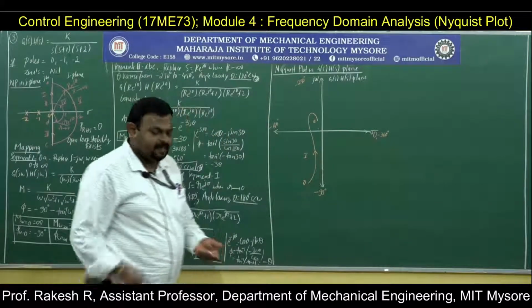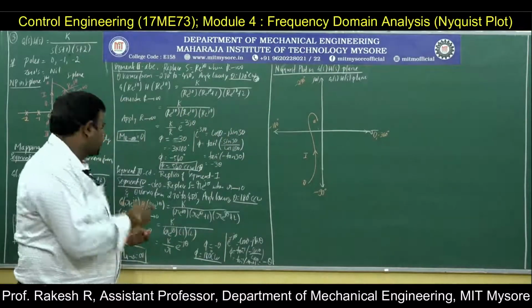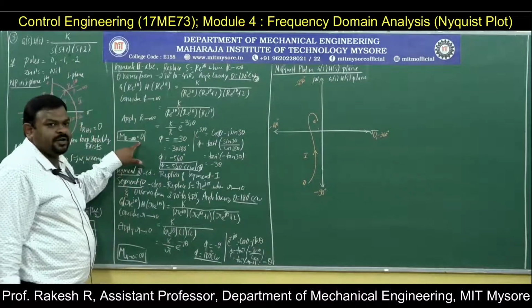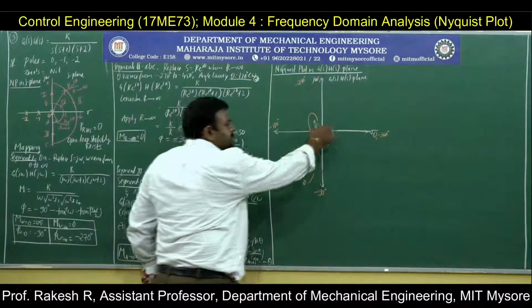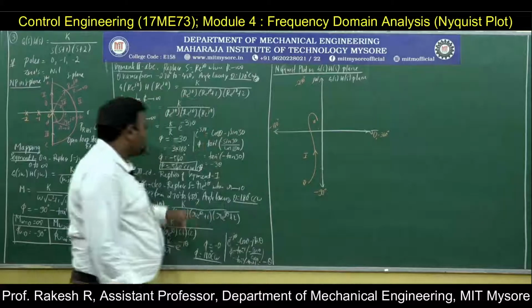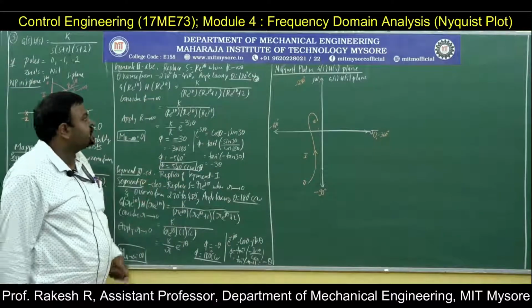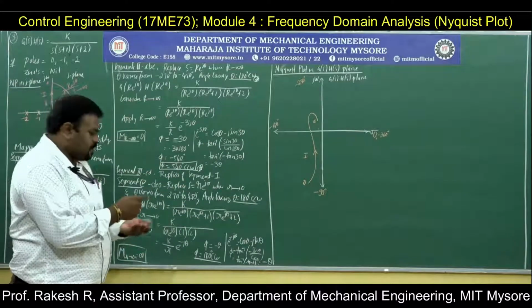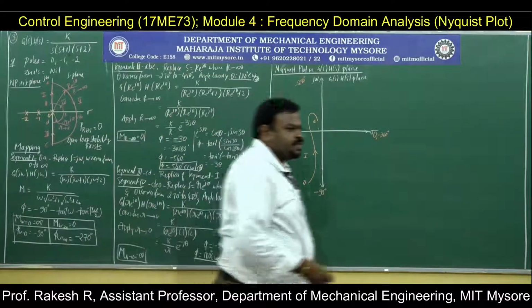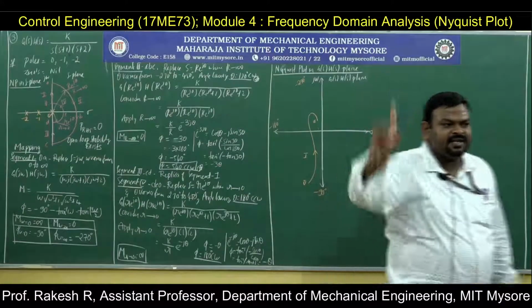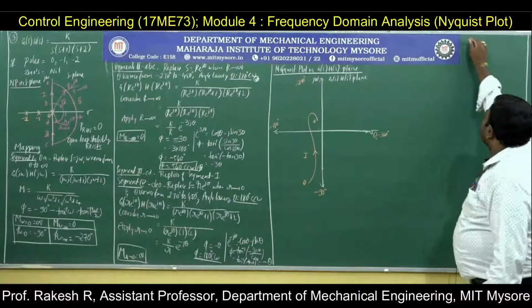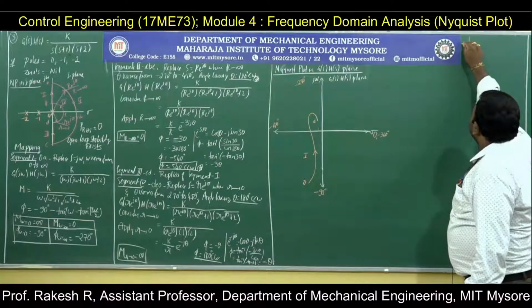Then after that, the second segment is magnitude will be 0. It is almost nearer to 0. And what is the angle coverage? Angle coverage is 540 degree. So there are several angle coverages. If it is 90 degree, just a straight line. If it is 180 degree, this is angle coverage.